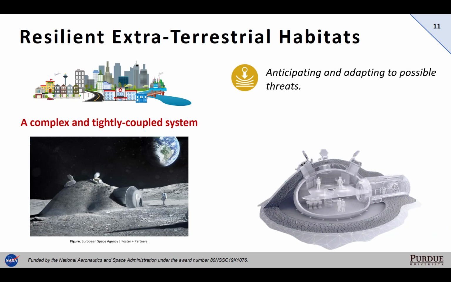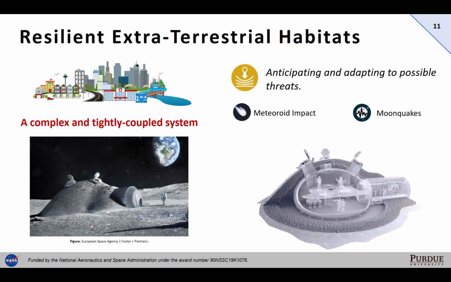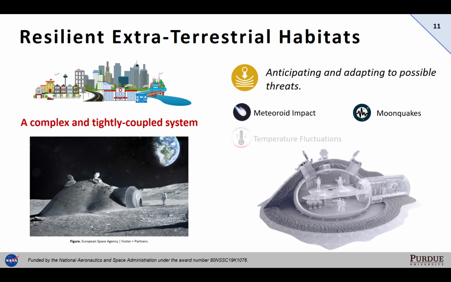In a space habitat, what are the possible threats that we may encounter? We can have meteorite impact, which can harm or damage the habitat as it hits at very high velocities. And just like on Earth, habitats on the moon can experience moonquakes, most of the time cascading events from meteorite impact. Another threat is temperature fluctuation.